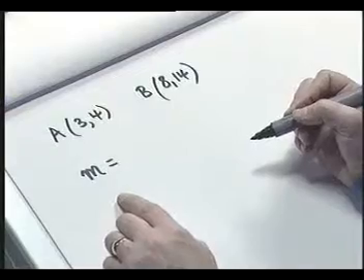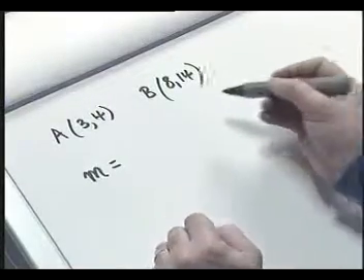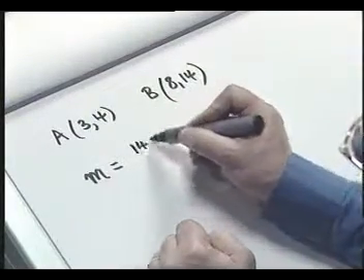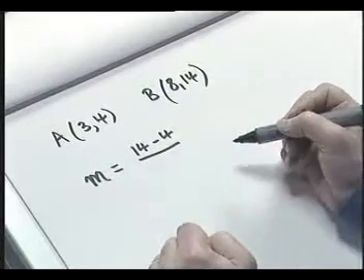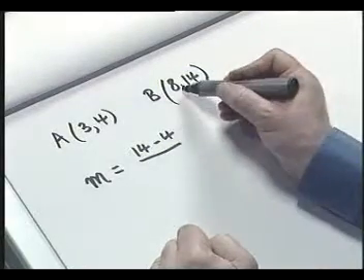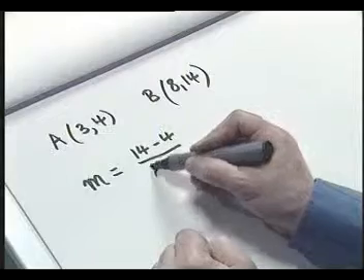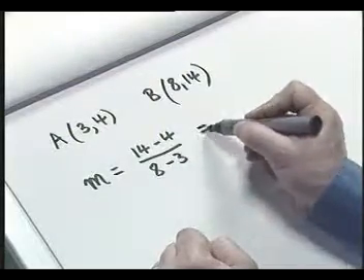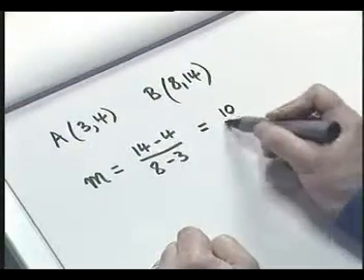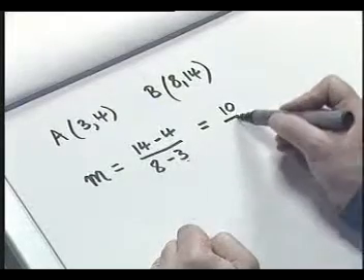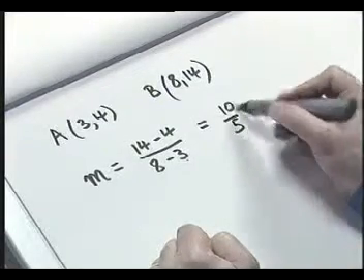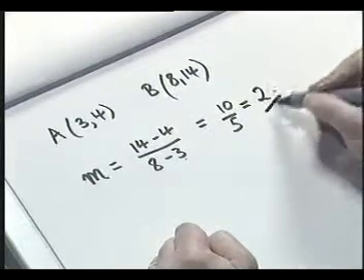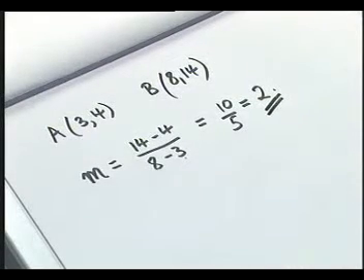Well, the gradient is simply the difference in the y-coordinates, 14 minus 4, over the difference in the x-coordinates, 8 minus 3. 14 minus 4 is 10, and 8 subtract 3 is 5. And 5 into 10 goes twice. So the gradient of this line is 2.